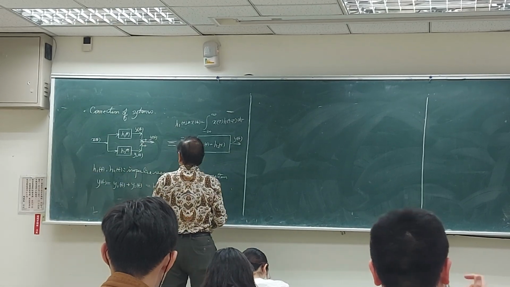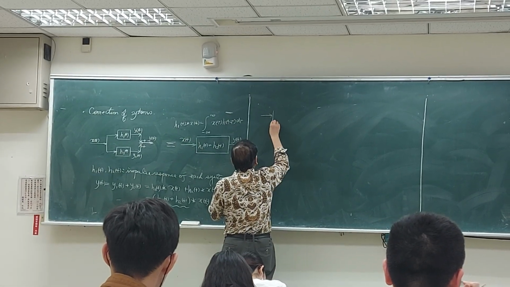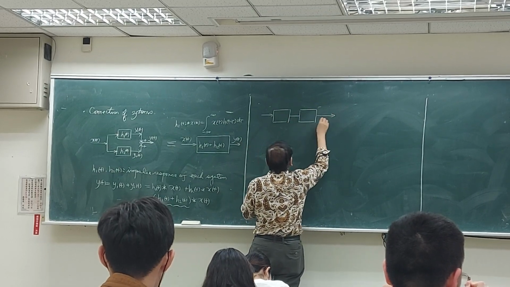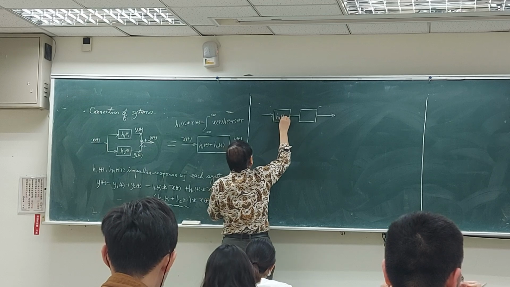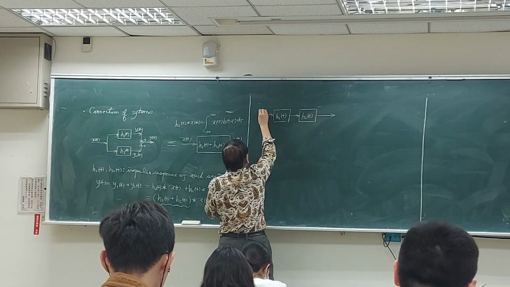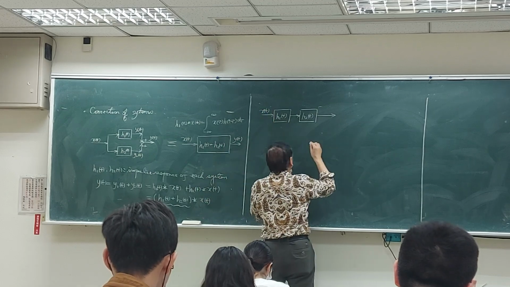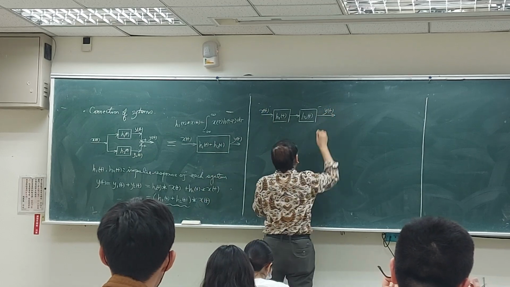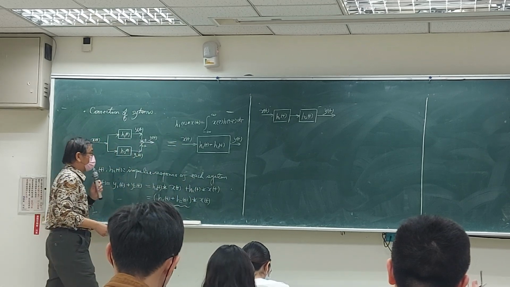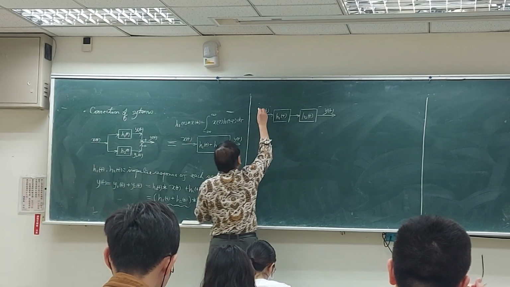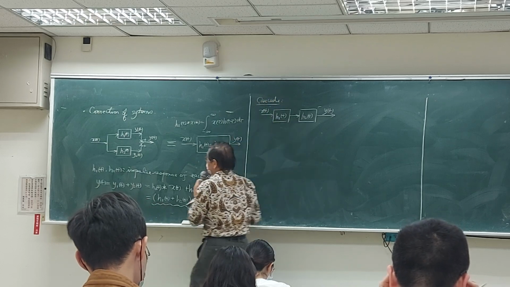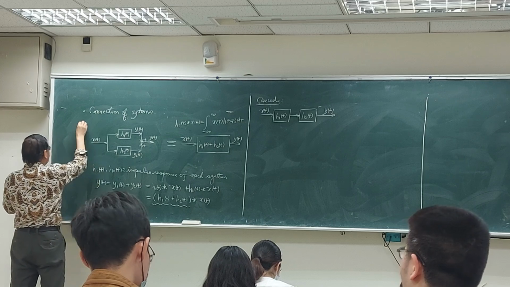And also, we have another configuration. Now we have two systems. They are in series connection. We call this cascade. And this is the parallel connection.